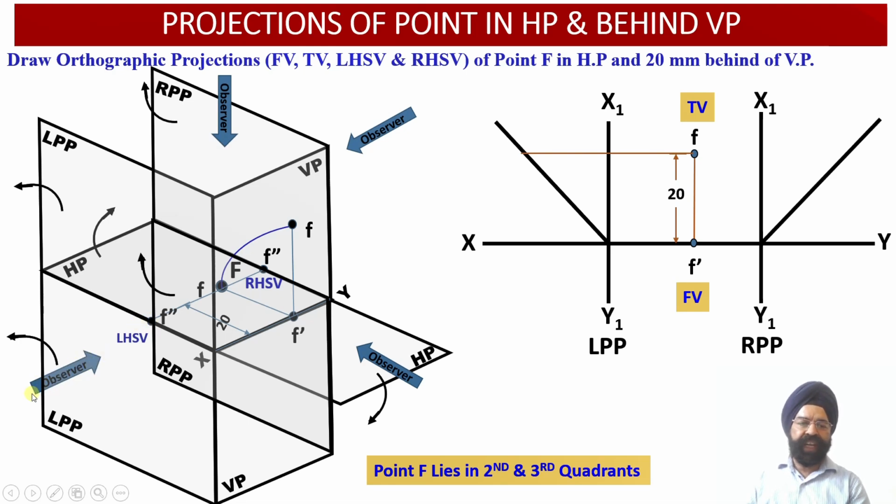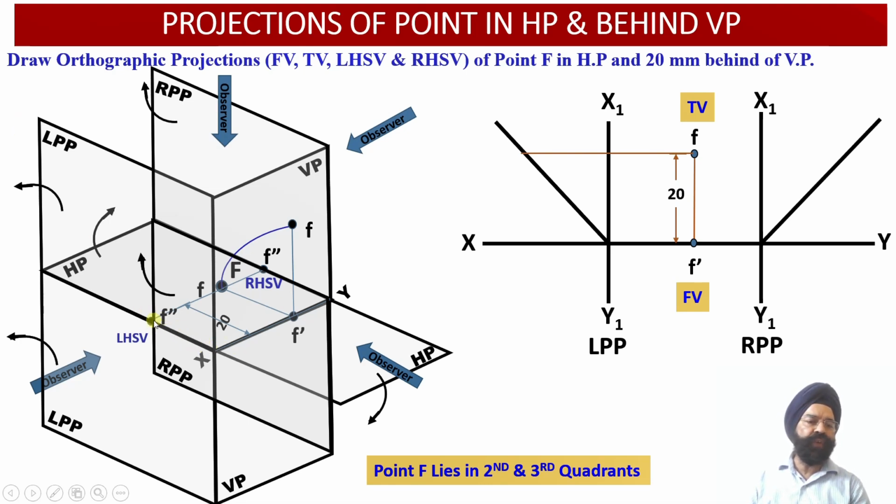Now when the observer looks at this point F from the left side orientation, we observe that this point F has been projected alongside the horizontal plane onto the left profile plane. We can check this distance happens to be 20 millimeter.